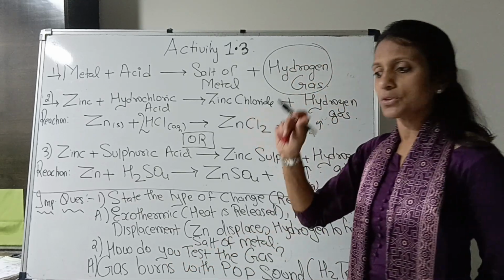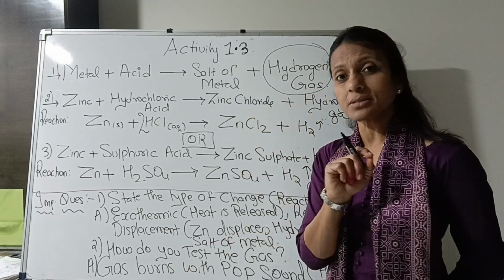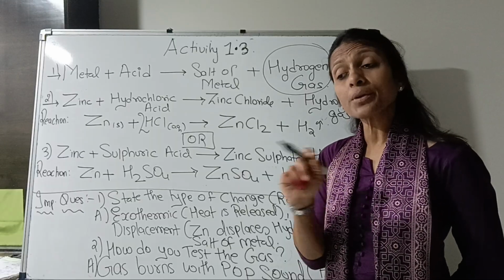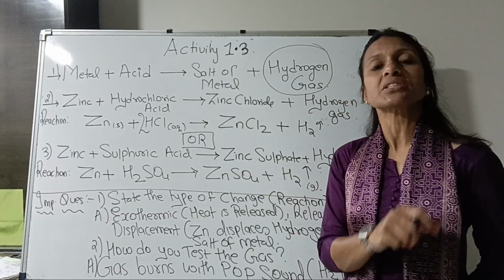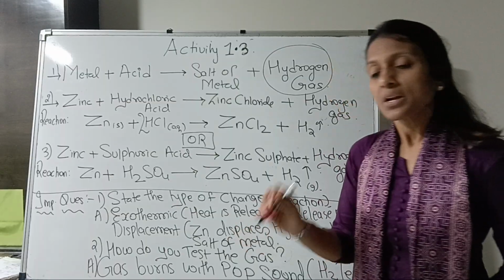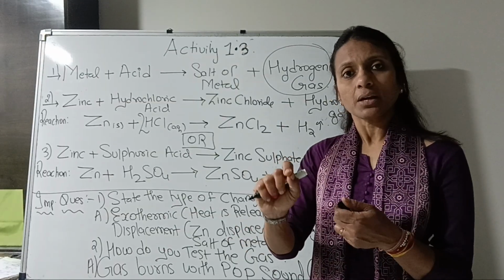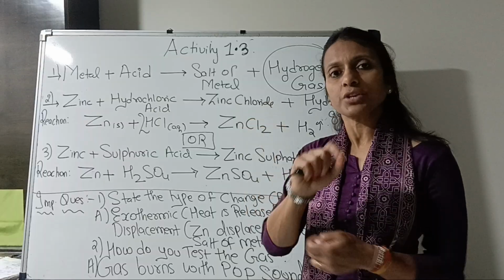Next comes, very important, how do you test the gas? Now once this activity is done, hydrogen gas is colorless, odorless, so you will never be able to detect it. How will you ensure the presence of hydrogen? See, take a burning matchstick and take it near the hydrogen gas.